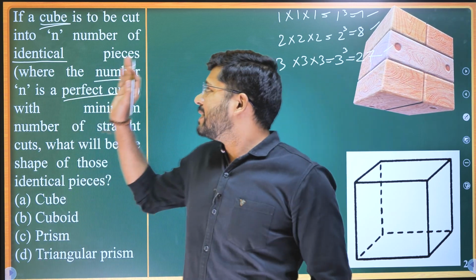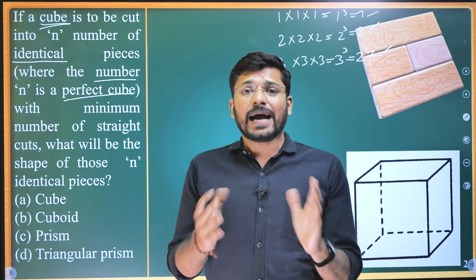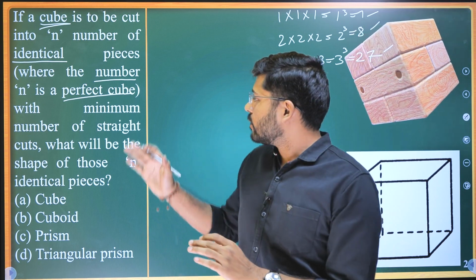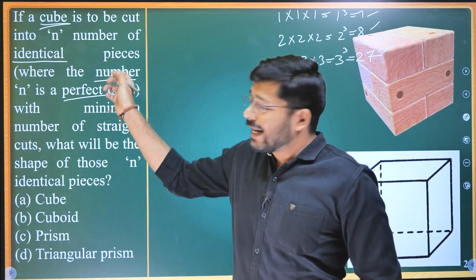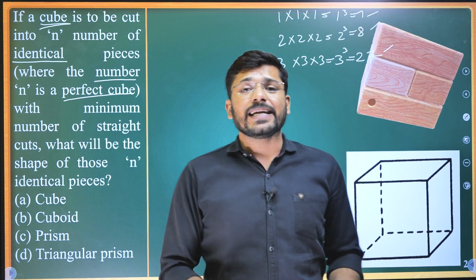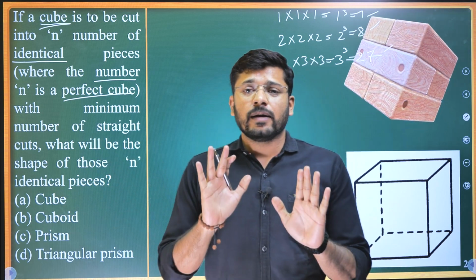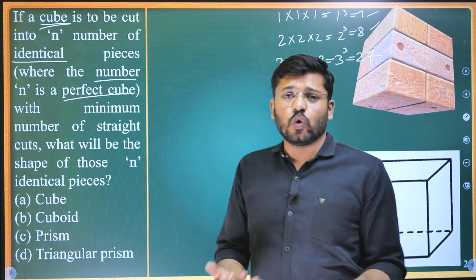Then the question is asking us, if a cube is to be cut into n number of identical pieces, where n itself is a perfect cube, what will be the shape of those identical pieces? Just remember this one. Take it as a rule.